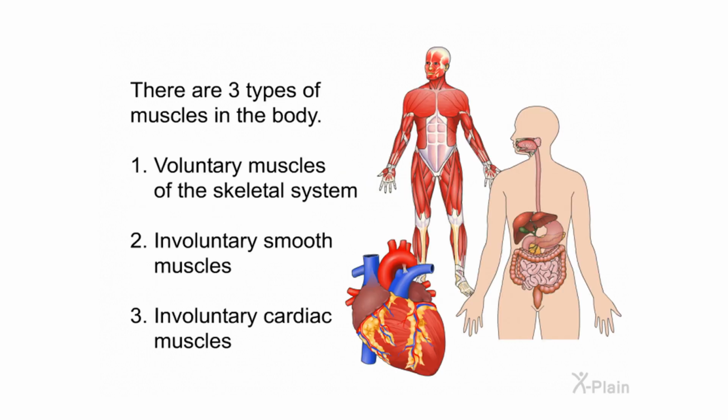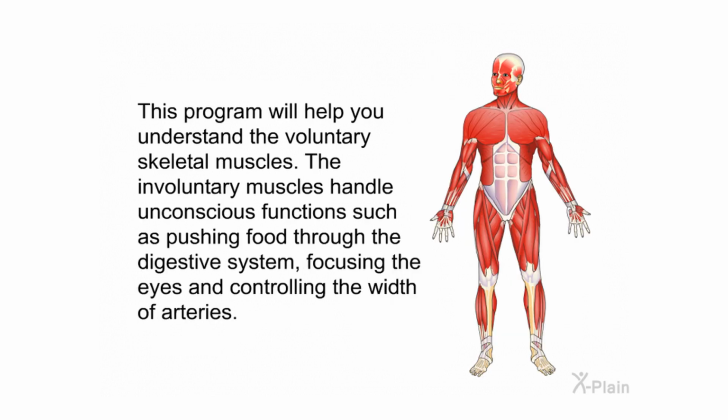Muscles. There are three types of muscles in the body. 1. Voluntary muscles of the skeletal system. 2. Involuntary smooth muscles. 3. Involuntary cardiac muscles. This program will help you understand the voluntary skeletal muscles.